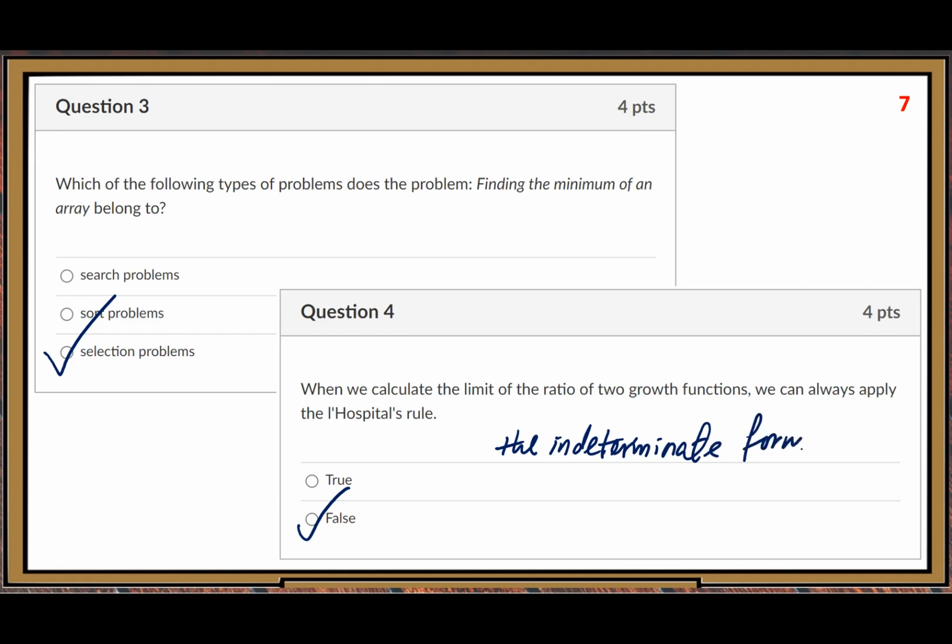For this class, we only need to check the infinity over infinity indeterminate form. In calculus, there are many, 5 or 6 indeterminate forms in total, at least 5 or 6. But we only need 1 here. For other cases, you do not need it. But there is a condition you need to check. That's covered in the notes.